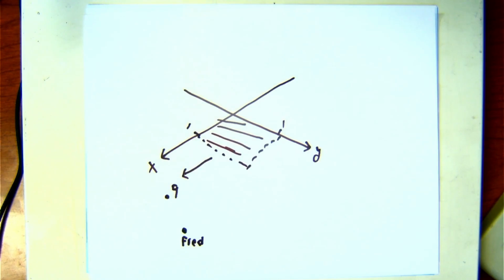As your first discussion exercise, think about having the square in the xy plane, where x can be anything from 0 to 1, as well as y, going from 0 to 1. This begins to move in the positive x direction at speed 0.9. What does Fred see?